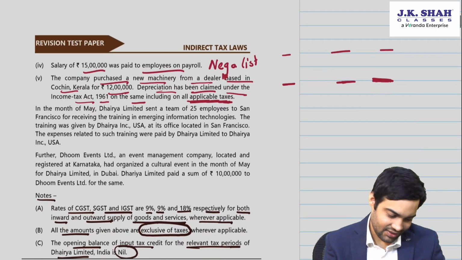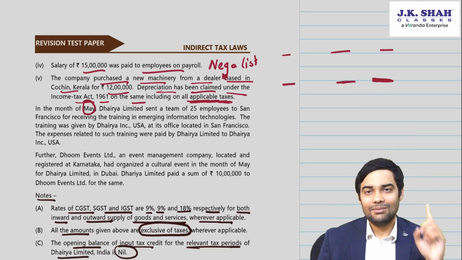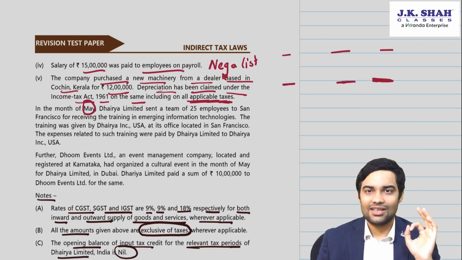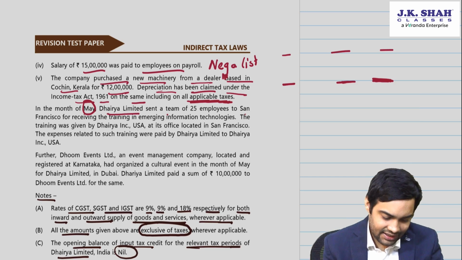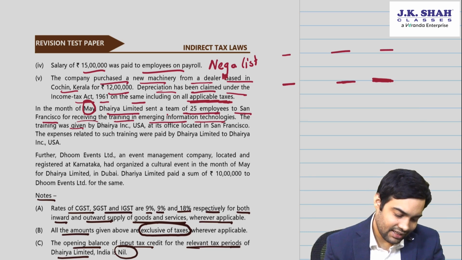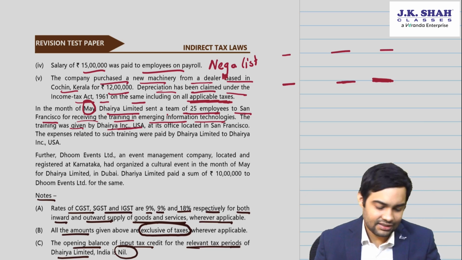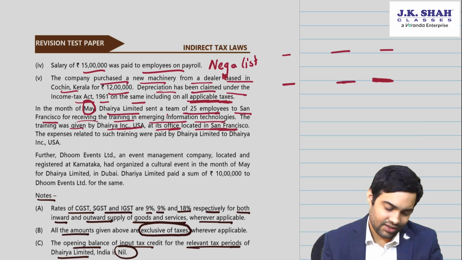Okay, let's read further. In the month of May, careful, May, that means we will not consider it in April computation. In the month of May, Dharya Limited sent a team of 25 employees to San Francisco for receiving training in emerging information technology. The training was given by Dharya Inc. USA at its office located in San Francisco.